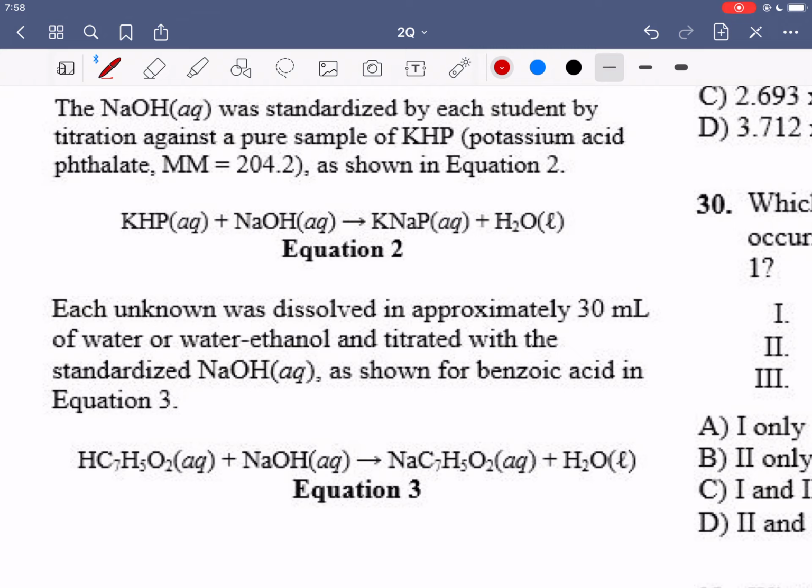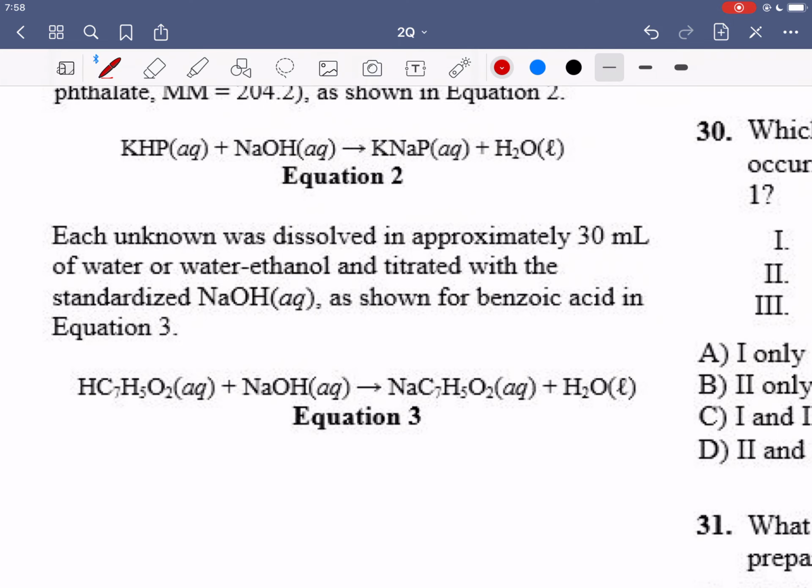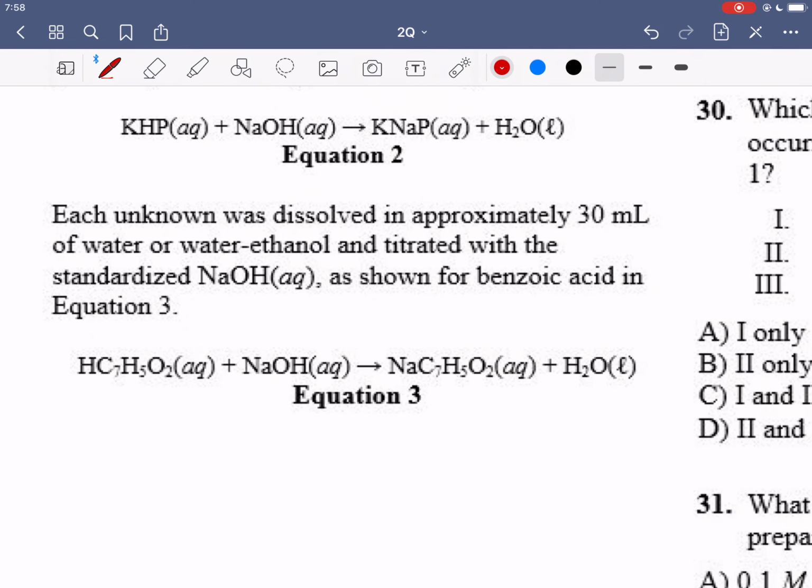So because you know its molar mass, based on how much of the compound you're using, you'll know how many moles there are. So you know exactly how much KHP you're using, and you know according to this reaction that it should be a 1-to-1 ratio.